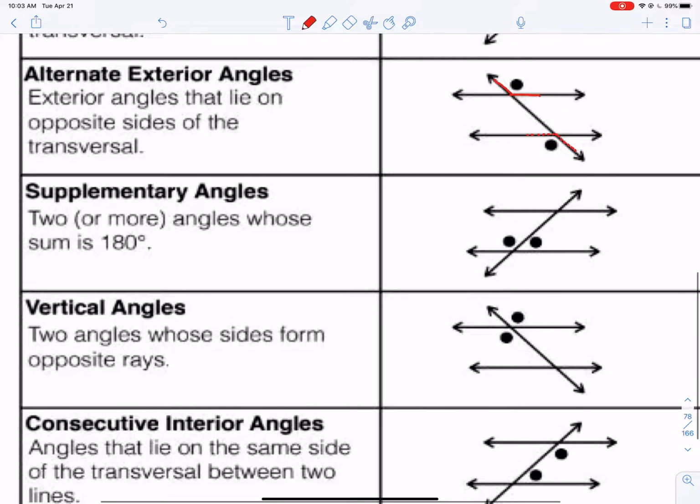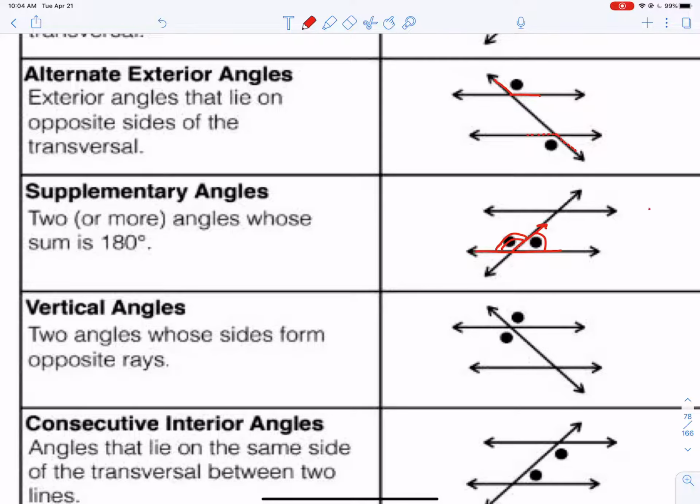Okay, supplementary angles. That's something you learned already, and that is when two angles or more make up 180 degrees. So if we take this angle plus this one, that would add to 180 degrees. So those are supplementary angles.